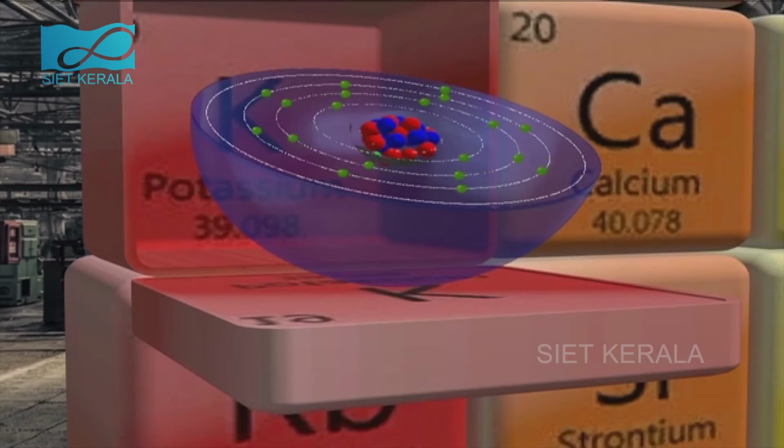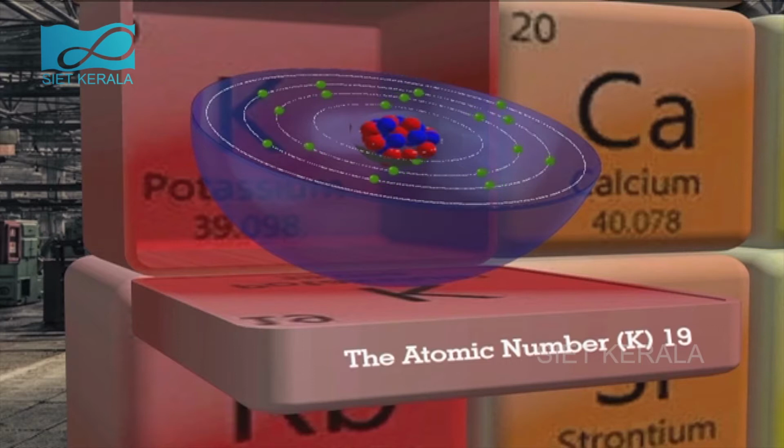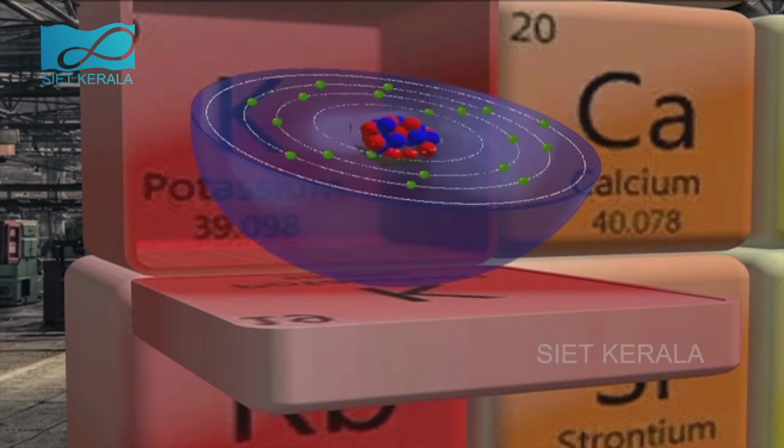Let us see an example. The atomic number of potassium, K, is 19. Therefore, there are 19 electrons revolving around the nucleus in the potassium atom. Out of these, 2 electrons enter the first orbit, 8 the second orbit, and the remaining 9 electrons cannot be accommodated in the third shell.